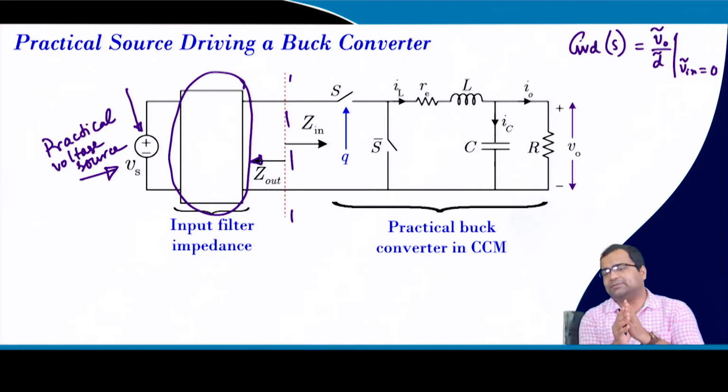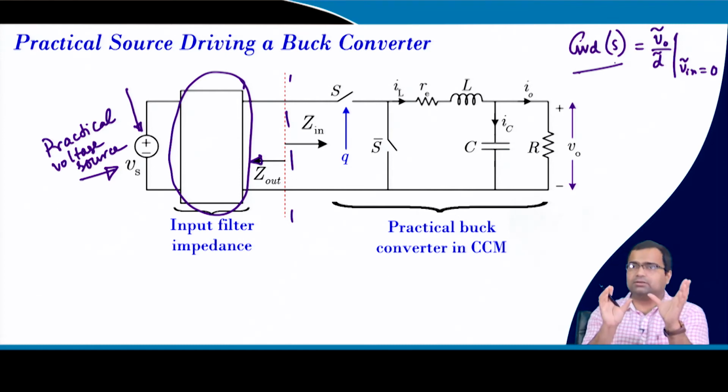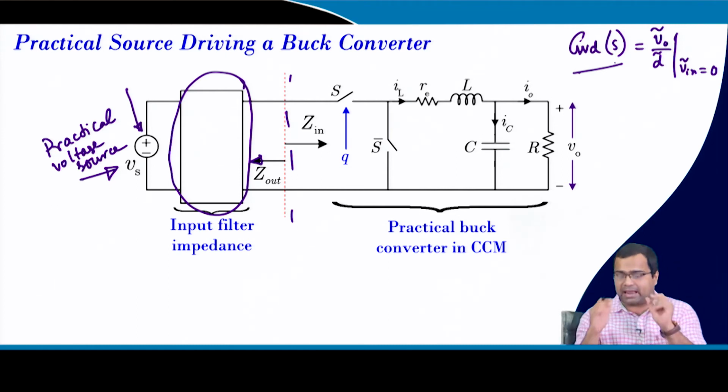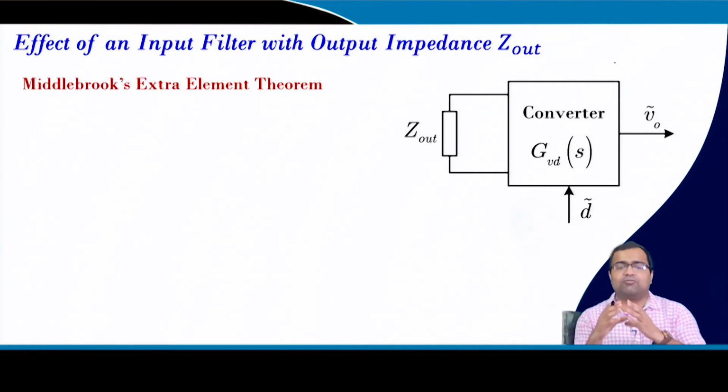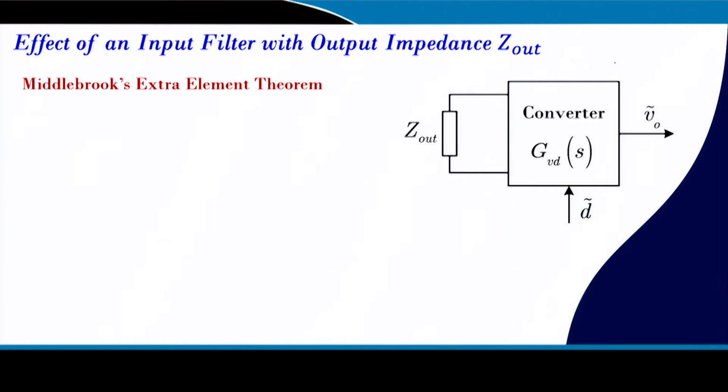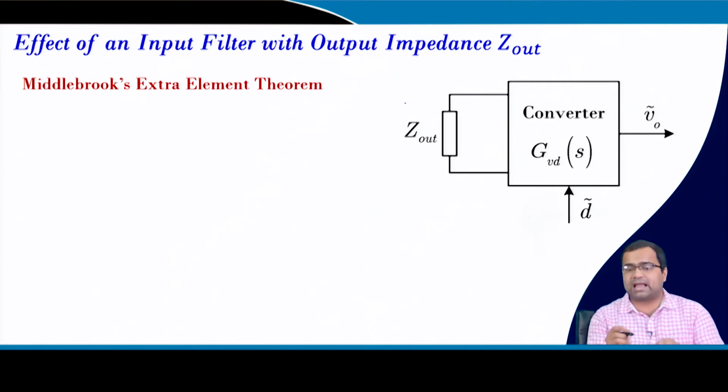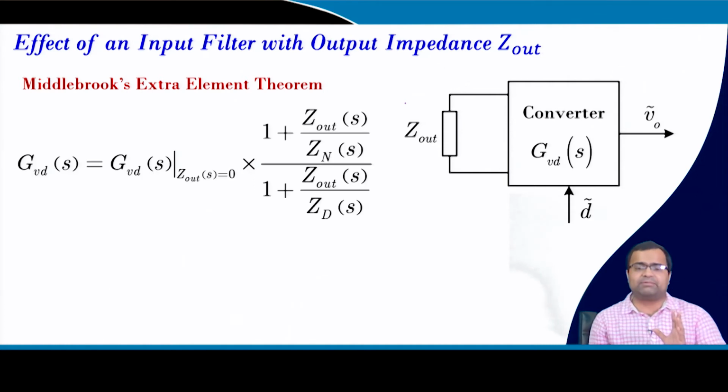When you put a filter, then this control to output transfer function will be affected by adding this input filter, and this modified transfer function we do not need to rederive. That fundamental work was proposed by Middlebrook using extra element theorem. That means that transfer function can be updated while considering another output impedance by using extra element theorem, and that can be derived using this method very effectively.